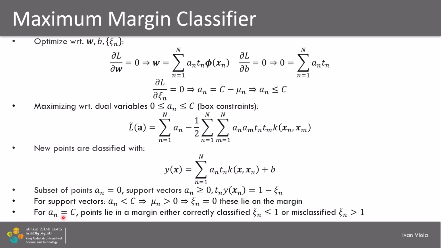For those points whose a_n after the optimization is actually equal to C, those points lie in the margin, either correctly classified but within the margin, not very close to the decision boundary, where their slack variable is between 0 and 1, or they are even misclassified, and then their slack variable is bigger than 1.